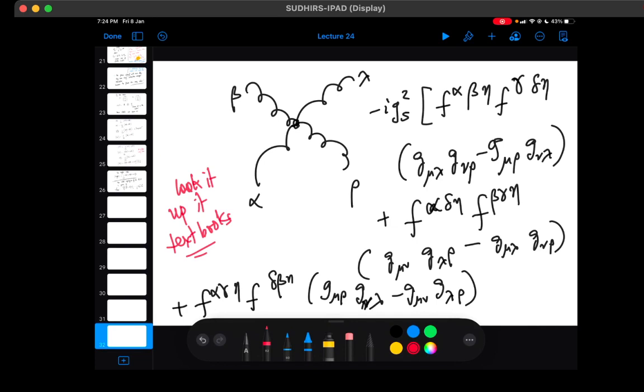And then we'll also do Compton effect, which is quark gluon going to quark gluon.